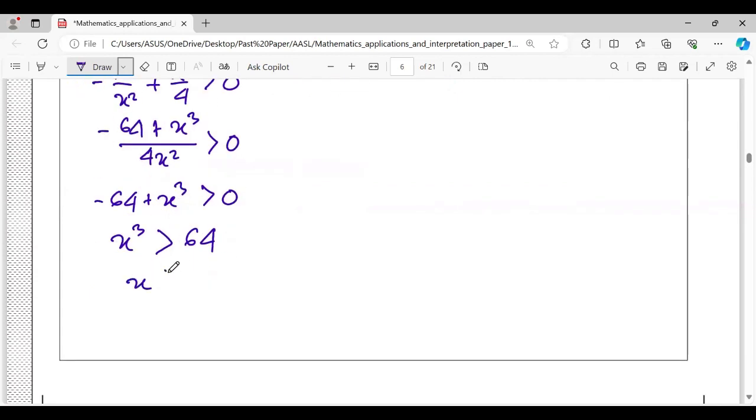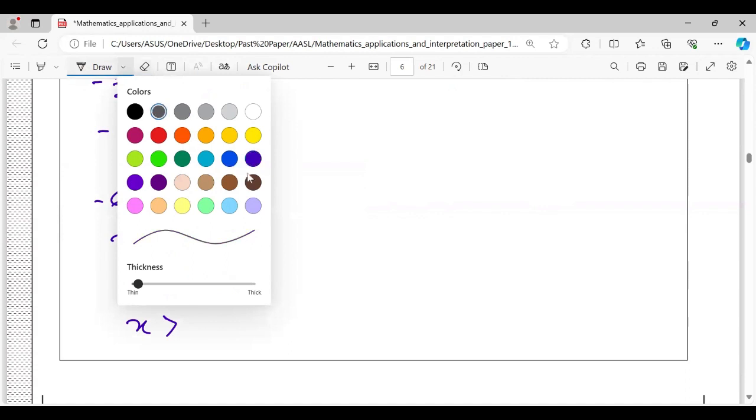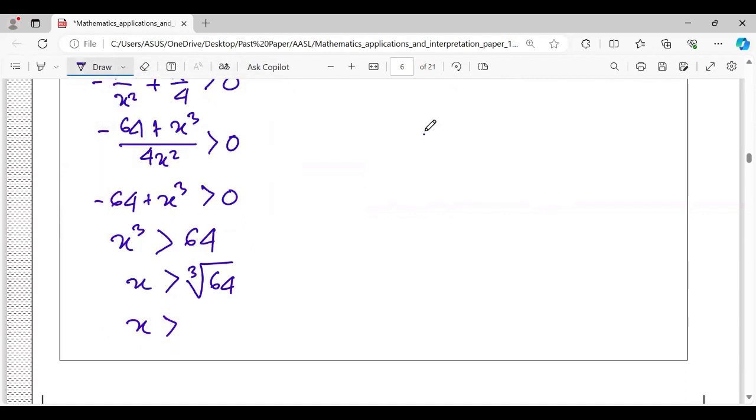So x is greater than the cube root of 64, so x is greater than 4. So this is the interval, x greater than 4.